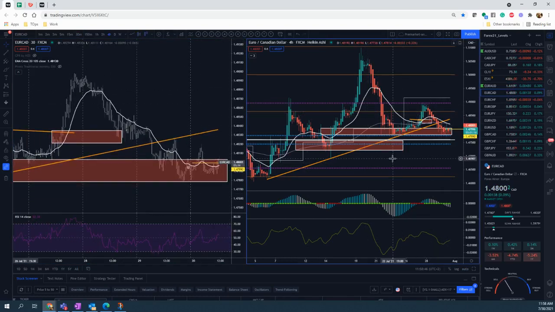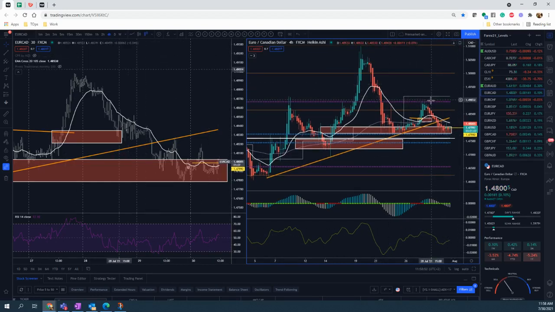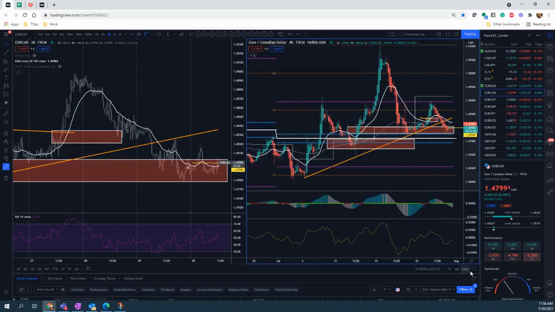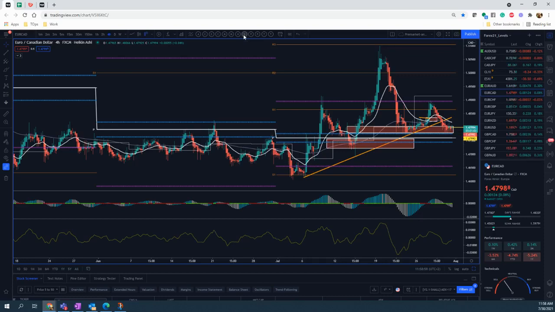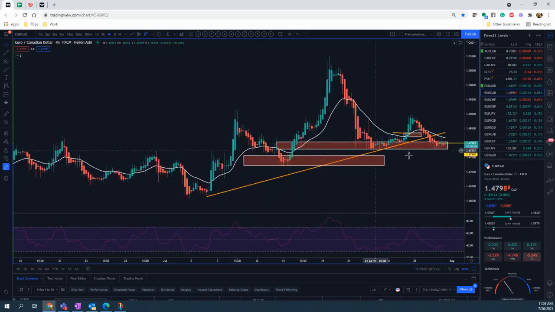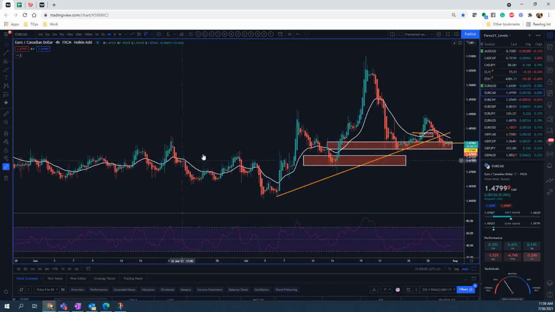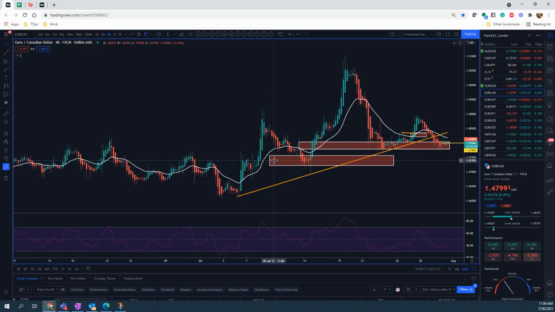Of course, I always start analyzing the bigger time frame, which is my anchor chart, and that is the 4-hour chart. So here it is. As you can see, let's just use the naked chart. Here we have EuroCAD, the chart which is showing an uptrend.